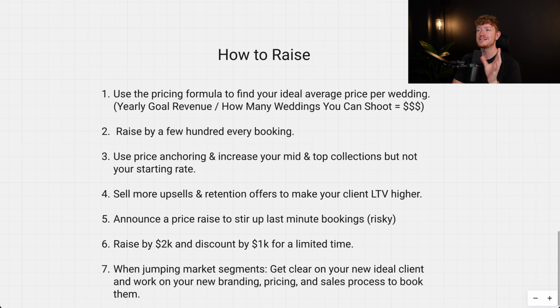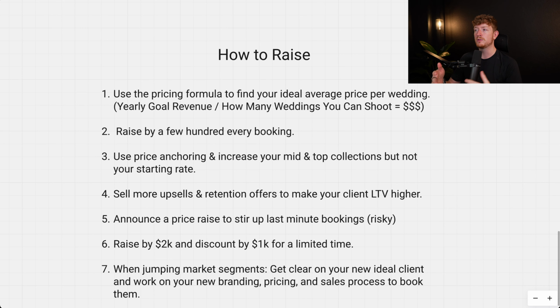So that's your yearly goal revenue, 150. You divide that by how many weddings you can physically shoot. If you want to, you can also divide it by how many weddings you want to shoot, but I like to go for how many weddings you can shoot, because this will find your upper limit. And it will find the lowest average price per wedding for you. That way, if you want to raise it, you can.